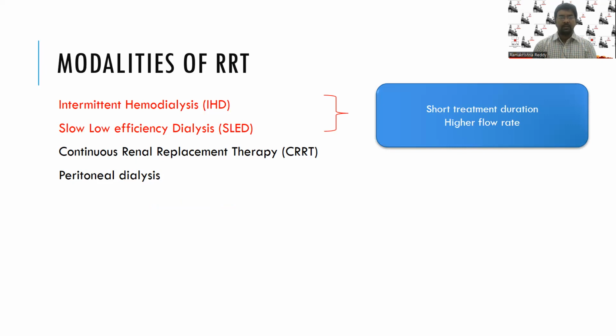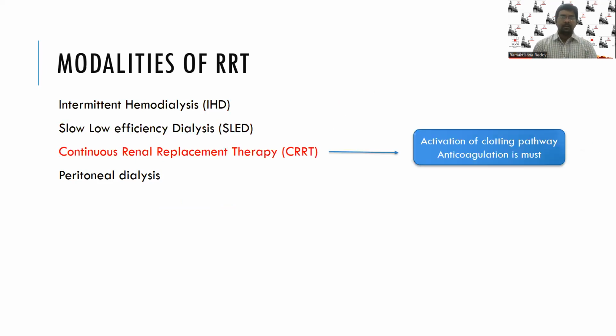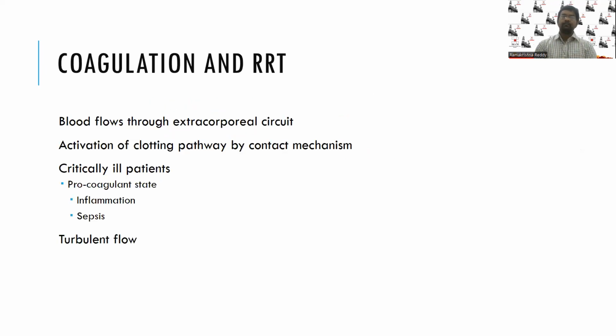But in the case of CRRT, where you need to continue the technique for 24 hours or a prolonged duration, there is inadvertent activation of the clotting pathway. So anticoagulation becomes mandatory in CRRT, or in SLED, which is done for a longer duration.